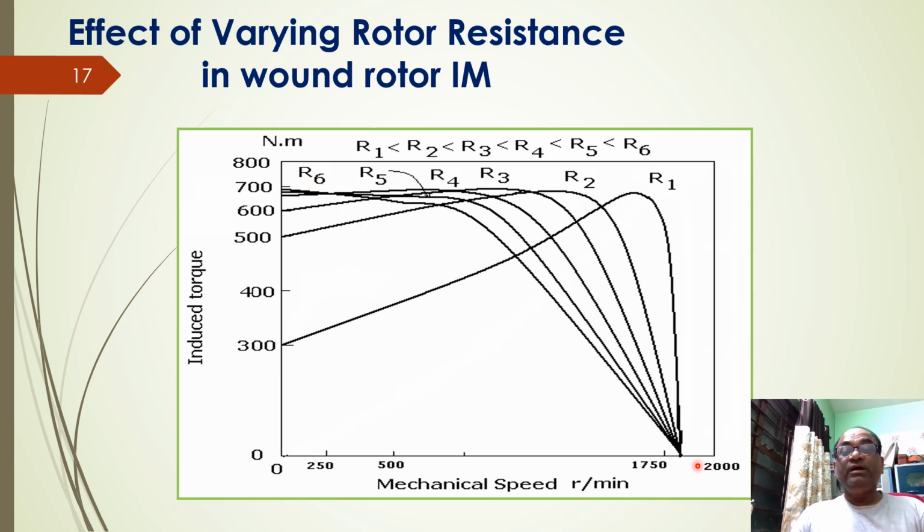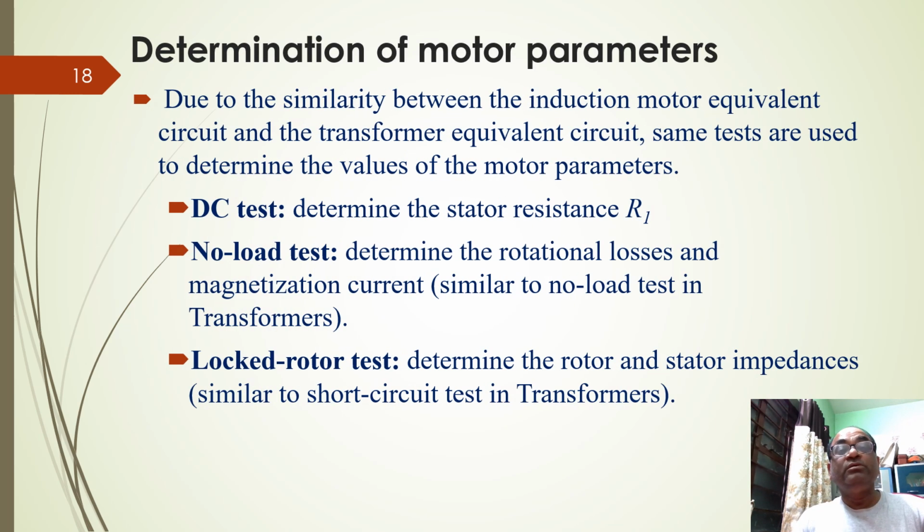You can see how significantly, up to 700 Newton meter, this starting torque has increased. So by inserting resistances in the rotor circuit of the slip ring induction motor, we like to increase the starting torque of the motor for all practical purposes.